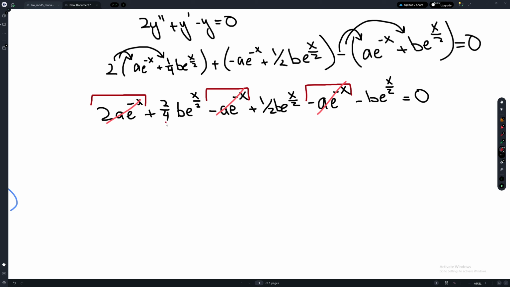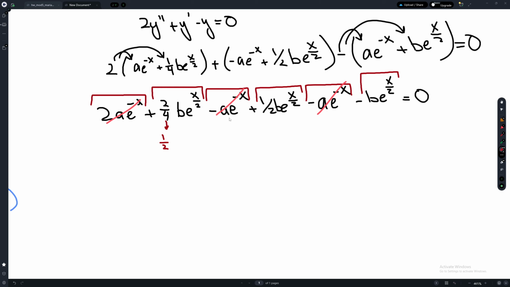Now what you'll have left is these other terms. This turns into 1 over 2, right? I want to do it in other steps. And so what we have here is this term, which is 1 over 2 b e^(x/2), and we have 1 over 2 b e^(x/2), and we have a negative 1 b e^(x/2).